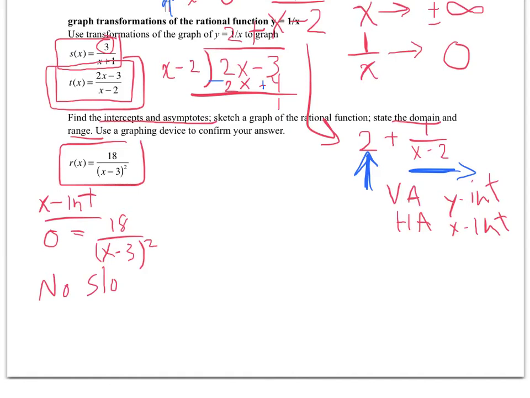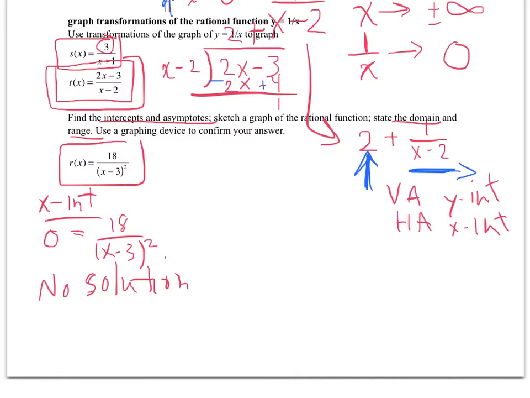There's no number you can divide 18 by and get 0 for an answer. So there's no value of x that will make 18 divided by x minus 3 squared equal to 0. No solution means no x-intercept.